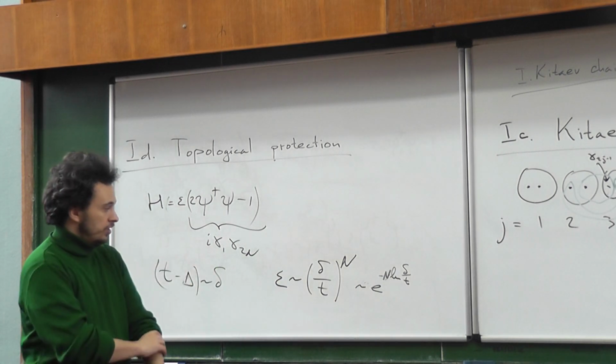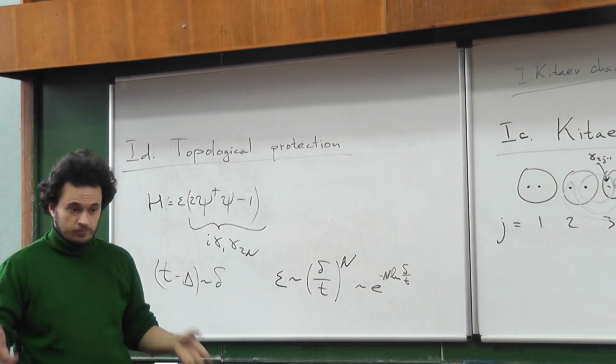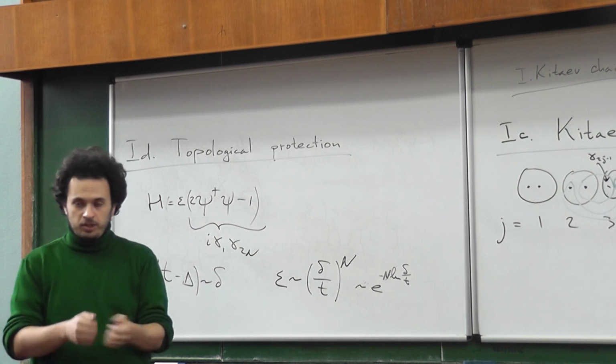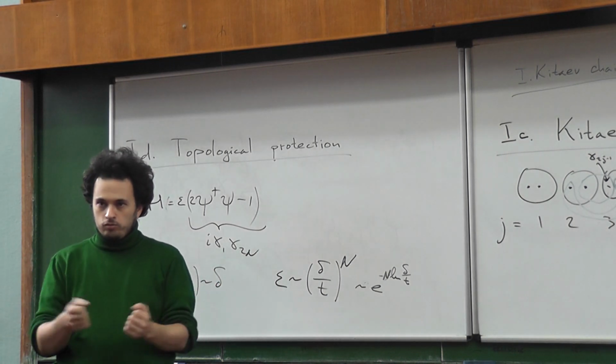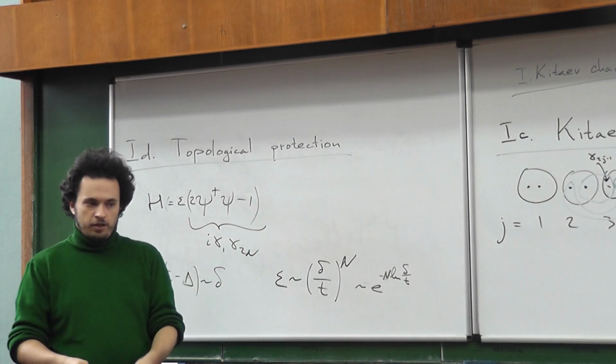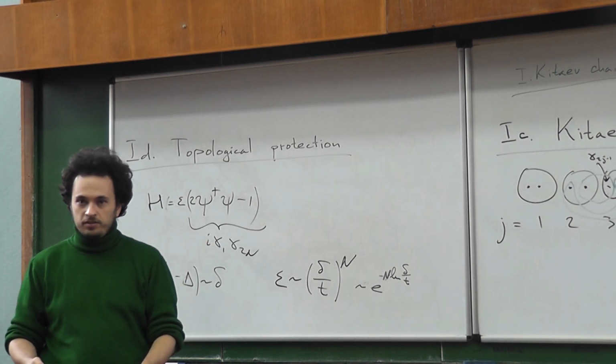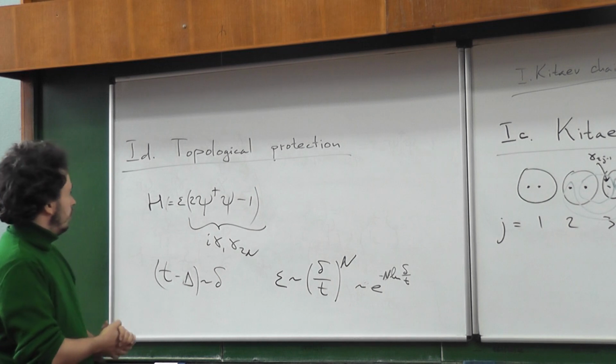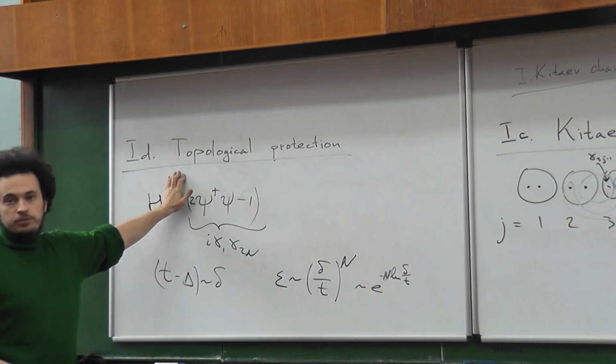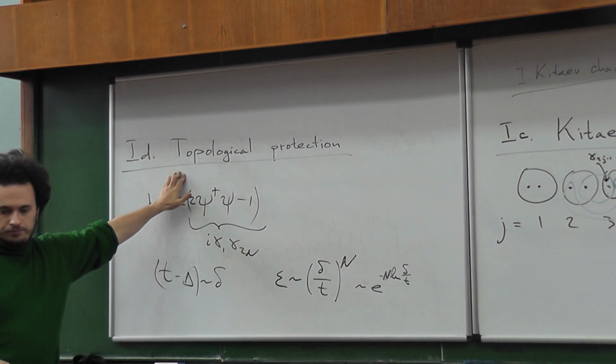So I have to either apply something non-local, or I have to apply something so big that the system breaks, just as with the rings. This property is called topological protection of the degeneracy.